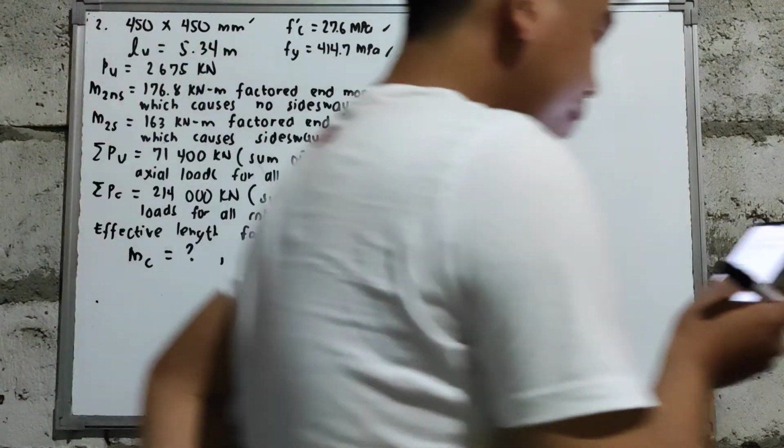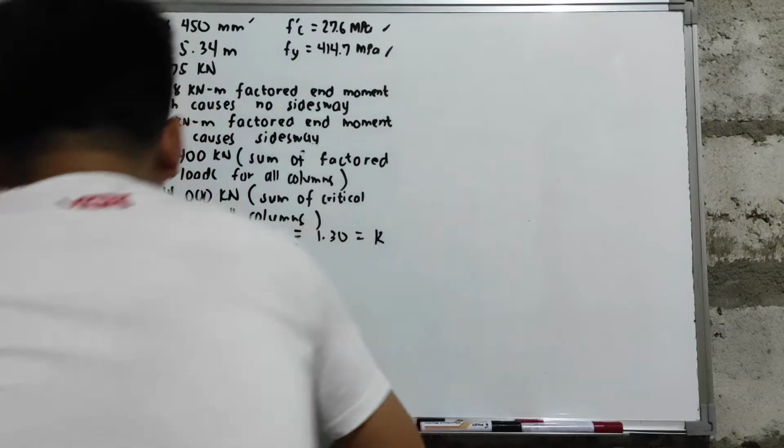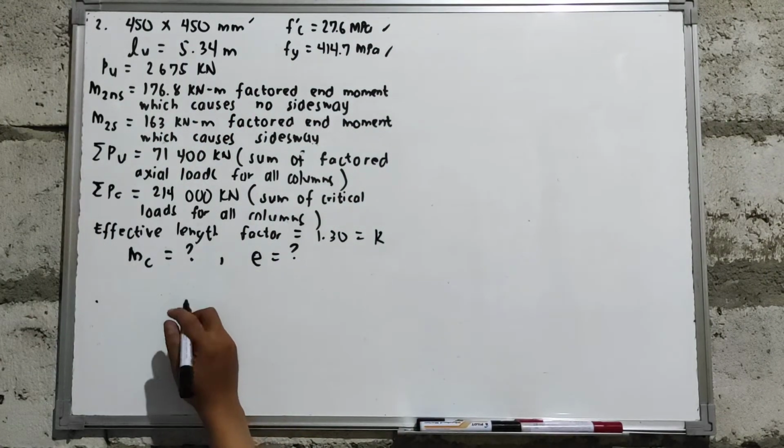So, to compute for that, siyempre, tingnan muna natin kung may effect ba yung slenderness ratio natin dun sa column natin, in computing for the value of your slenderness ratio.